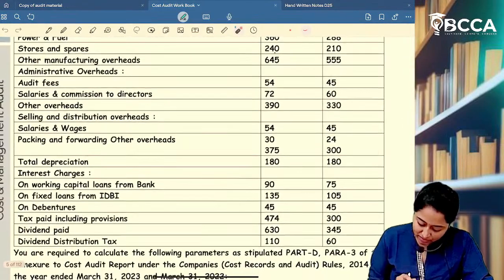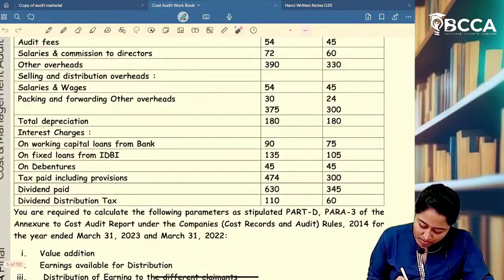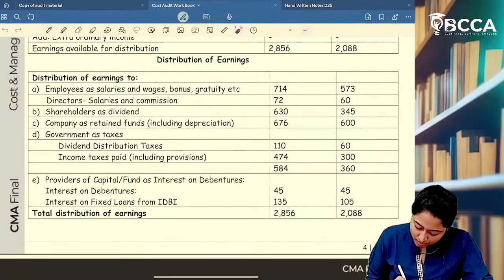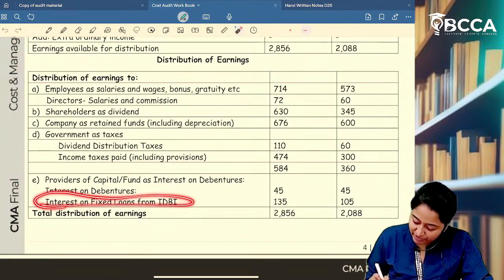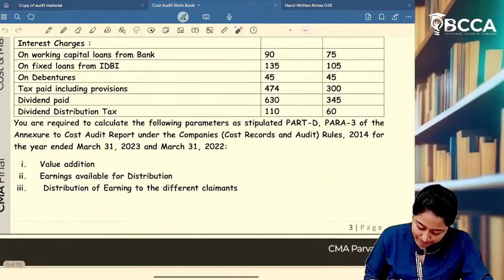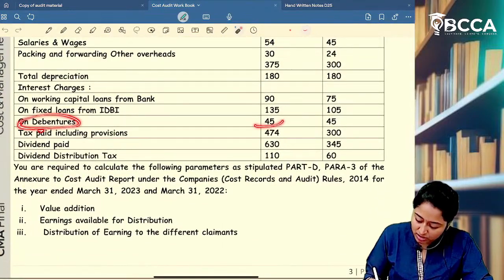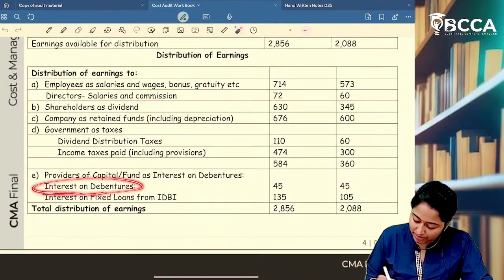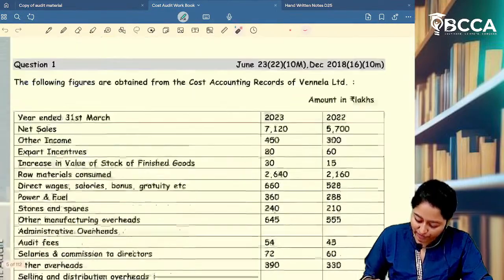And after that, what will we take? Interest on fixed loans from IDBI 135 and 105, and then interest on debentures 45 and 45.